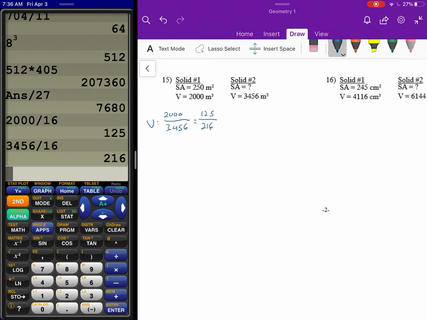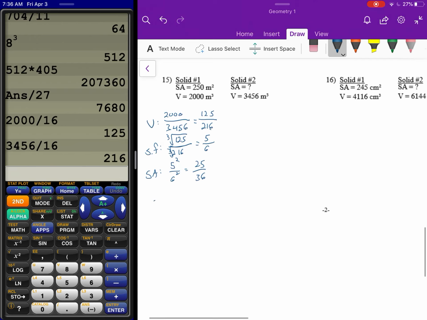And what we can do now, that's our ratio of volumes. The scale factor is going to be the cube root of the ratio of volumes, which is 5 over 6. And then we can find the ratio of surface areas. The ratio of surface areas will be 5 squared over 6 squared, which is 25 over 36.